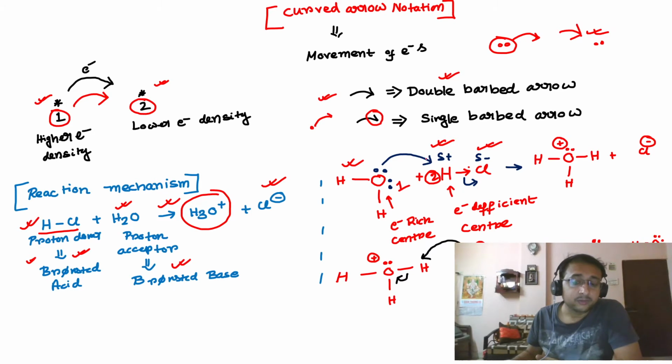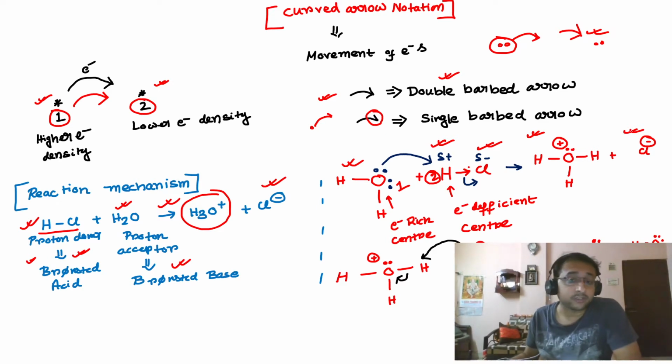That's why we have shown it by using a double barbed arrow, and it goes to this electron deficient center. As this lone pair of electrons is donated, the hydrogen chlorine bond will be broken, and one hydronium ion and one chloride ion will be formed. This is nothing but this acid base reaction, shown by using curved arrow notation.